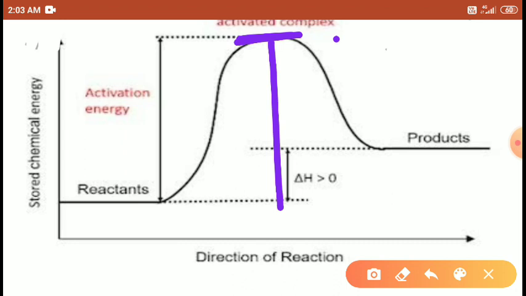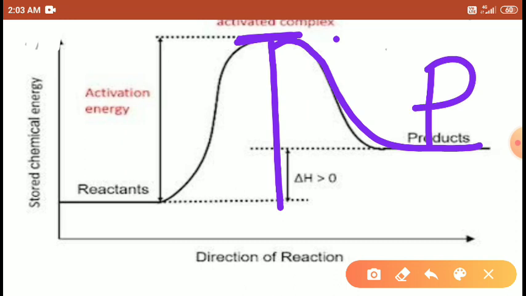When it reaches the activated complex, it easily turns into the product P.